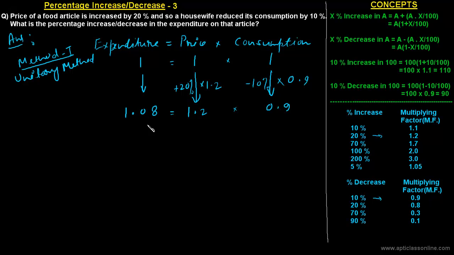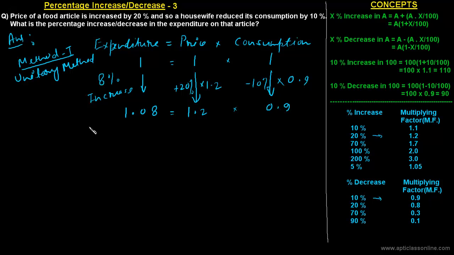Just by looking at this figure, we can get the percentage increase. Definitely there is an increase because the value has increased from 1. For a 10% increase it is 1.1. One can guess, one can at least calculate how much percent increase it is in this case. It is definitely 8% increase.